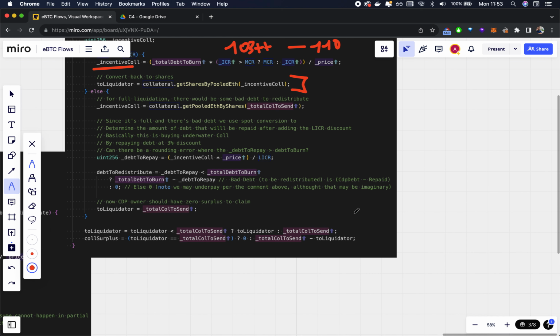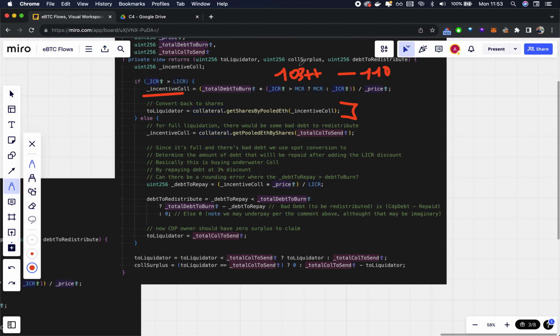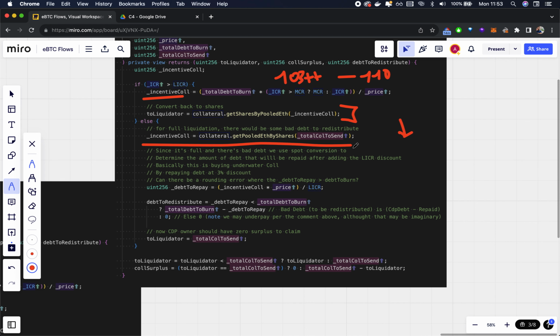And then the opposite scenario for the full liquidation is when we are underwater. And as we said, when we're underwater, we're going to look at everything we got here, which is total collateral to send, incentive call. That's everything we have. And we're going to effectively burn all of the collateral and use that to determine how much debt we're going to repay, because you're effectively buying collateral at a 3% discount here, LICR being 103.